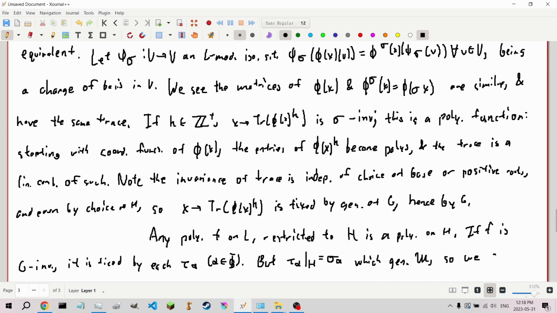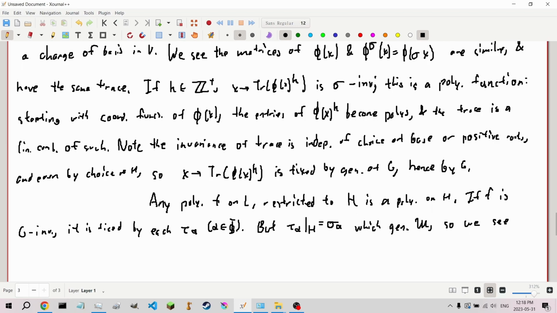So we see that the restriction of f to H is now a Weyl invariant polynomial on H. So we get an algebra homomorphism theta from the inner automorphism invariant polynomials of L to the Weyl invariant polynomials of H.